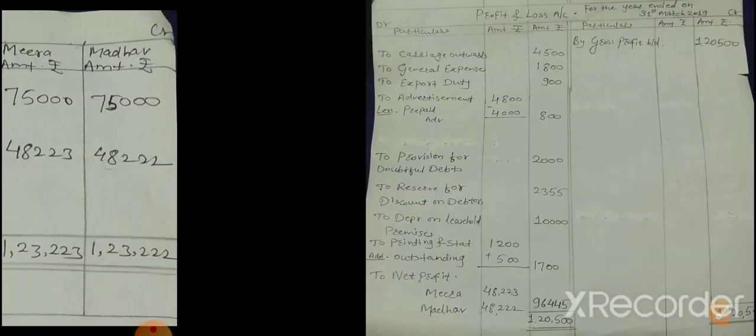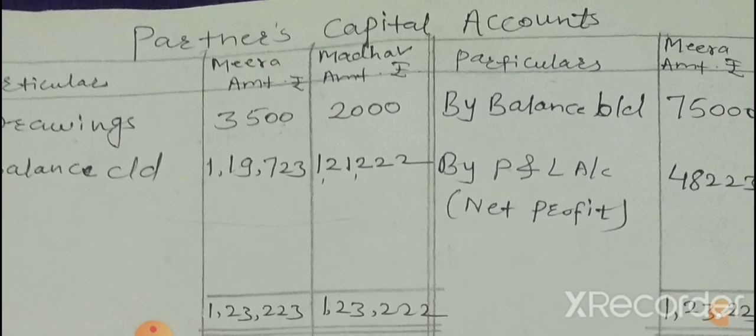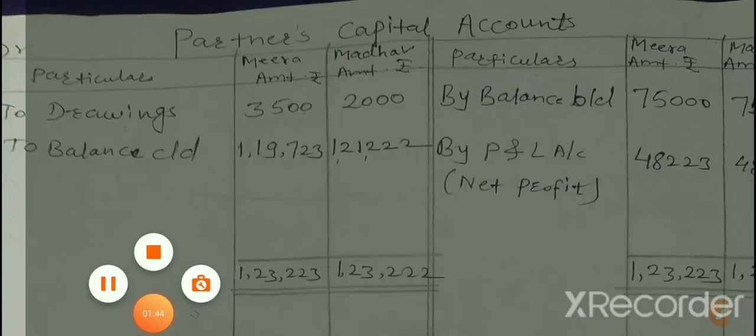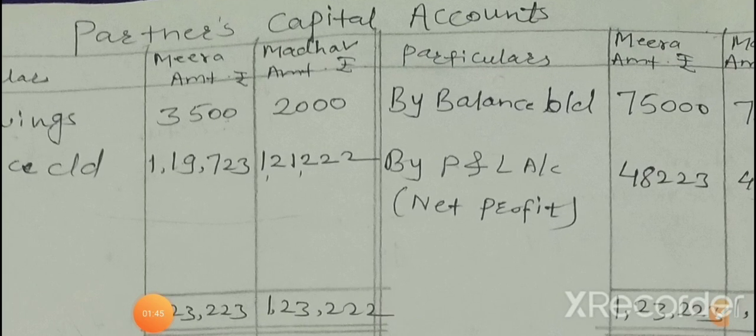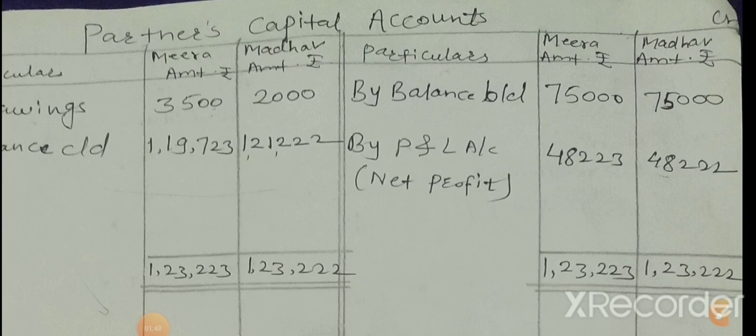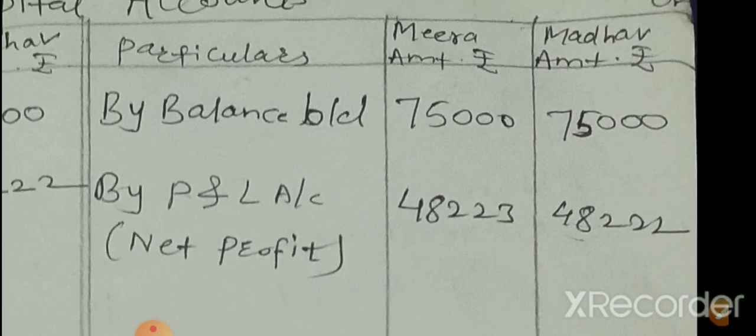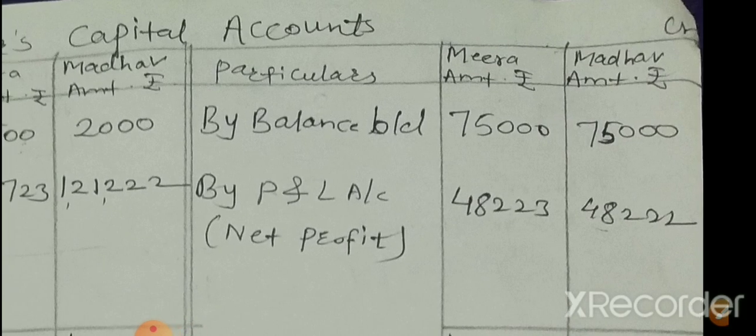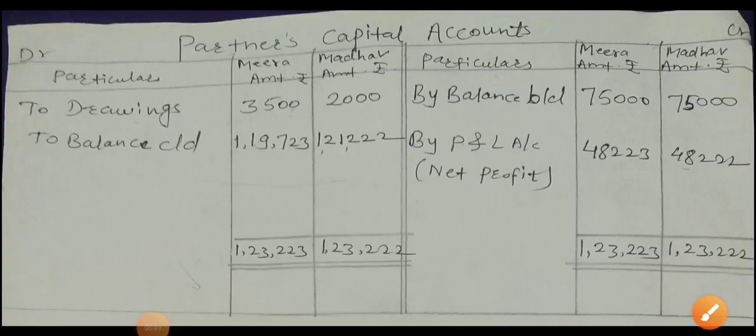Now here see, I prepared the partners capital account separately. Partners capital account separately means the opening balance of partners capital I have written on the credit side. See here, opening balance of capital on the credit side. Then in the trial balance the drawings of partners were given to us. We used to deduct the drawings from partners capital, so instead of deducting it I have written it on the debit side. That means ultimately the drawings will be credited.